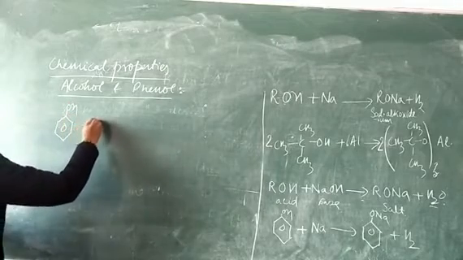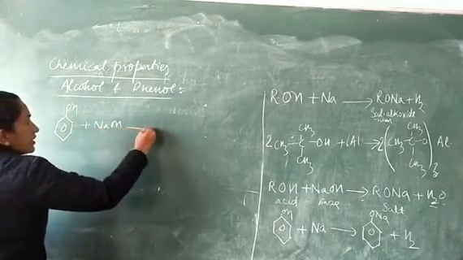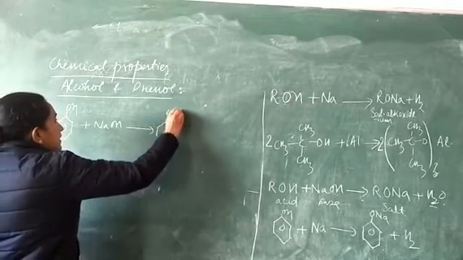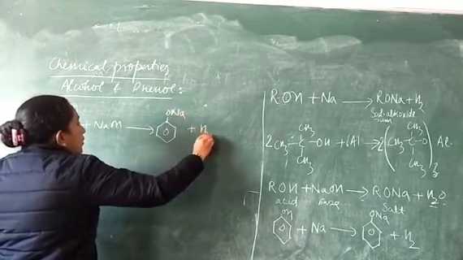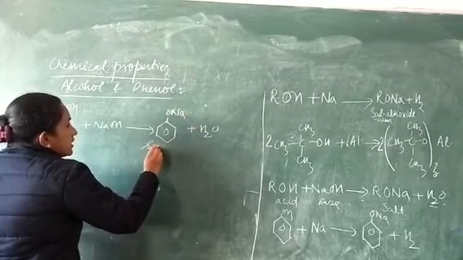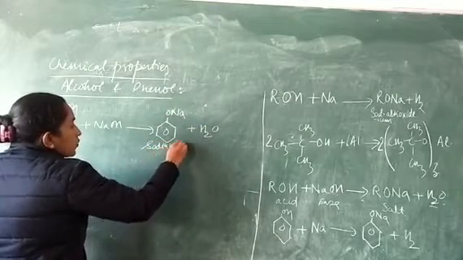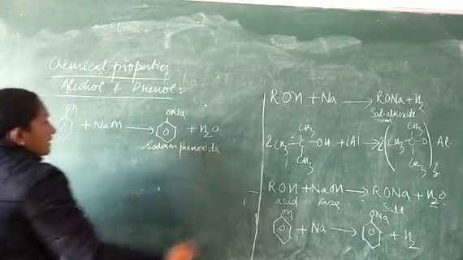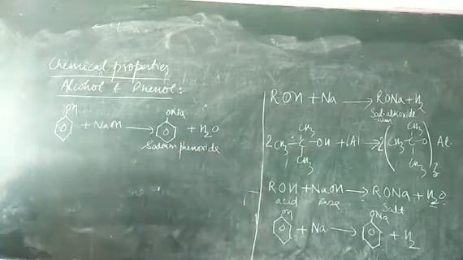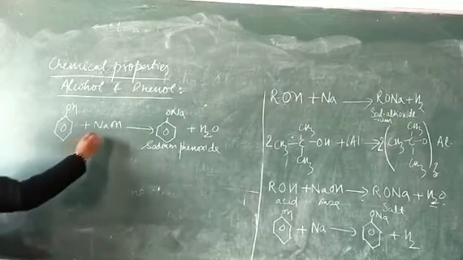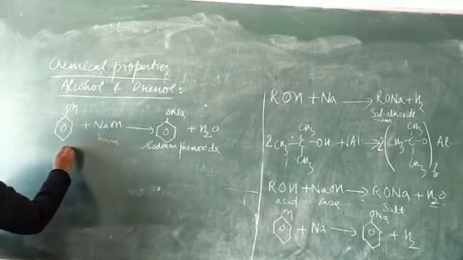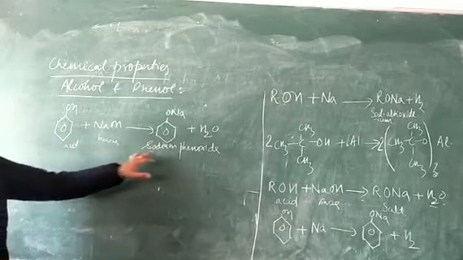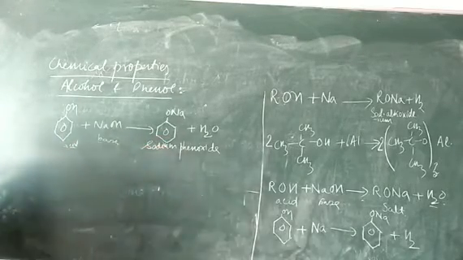Phenol reacts with NaOH and forms sodium phenoxide, and water is formed. This is sodium phenoxide. Right? Now these reactions show that this is the base, this is the acid. So a base is reacting with an acid to form a salt, and water is formed.